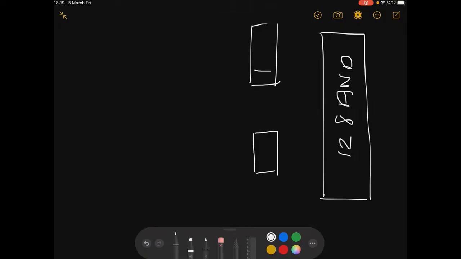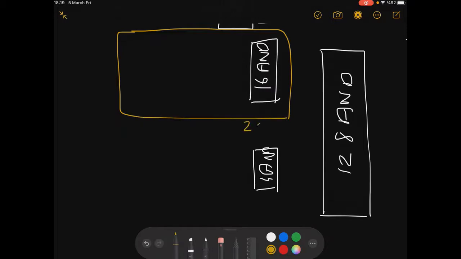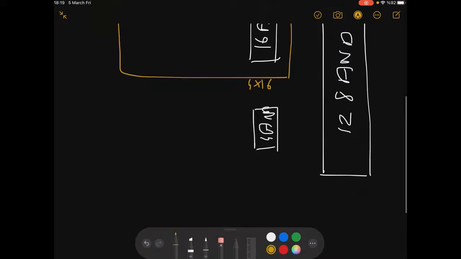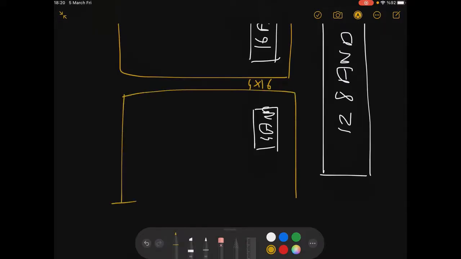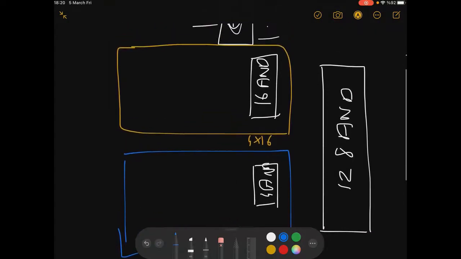This will be your 16 AND gates, and this will be your 4 AND gate level here, and this would be the output of a 4 by 16 decoder, and this would be the output of, let me use another color here, your 3 by 8 decoder. Okay, this is how you combine them together.